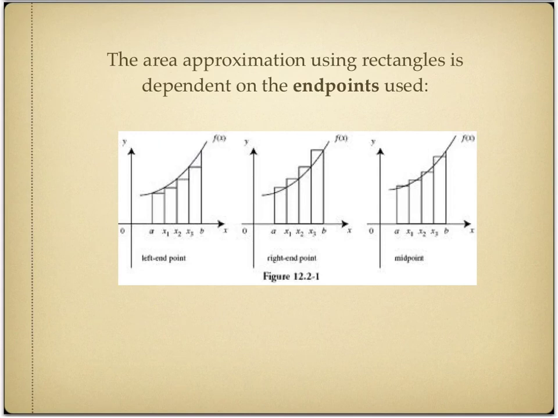Here's an example of finding the area under a curve using rectangles, but notice it does depend upon the endpoints. We're always looking at the area from A to B, and these rectangles are the same width, but it matters how we draw them: whether we use the left endpoint, where all the left ends hit the curve, or the right endpoint, where all the right ends hit the curve, or even something called the midpoint.